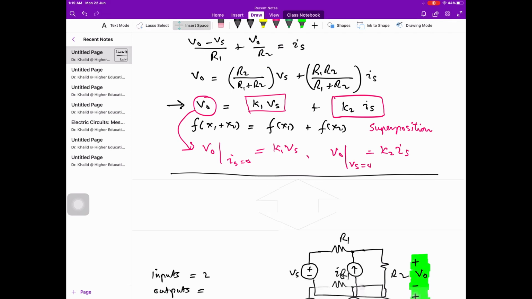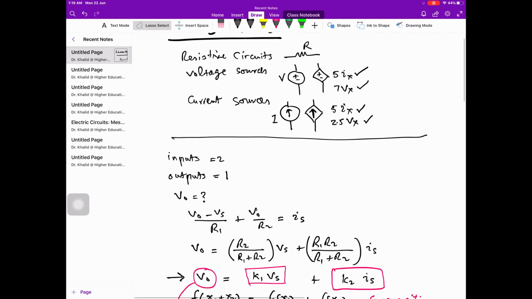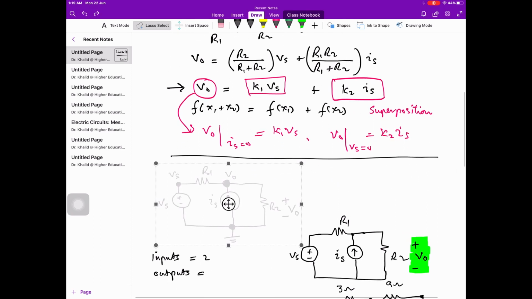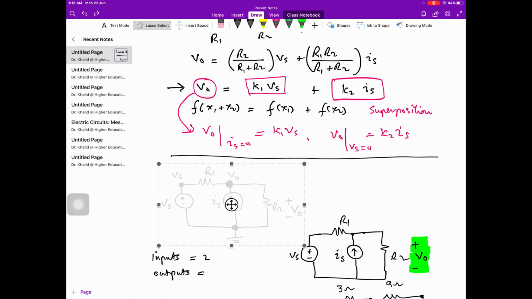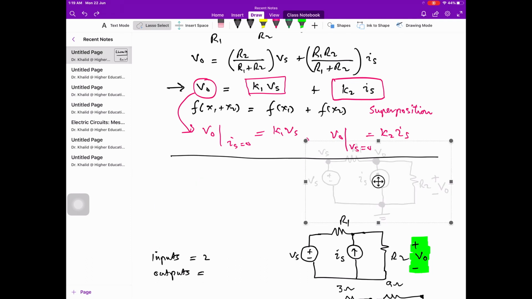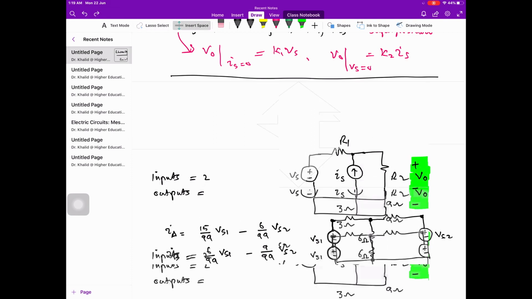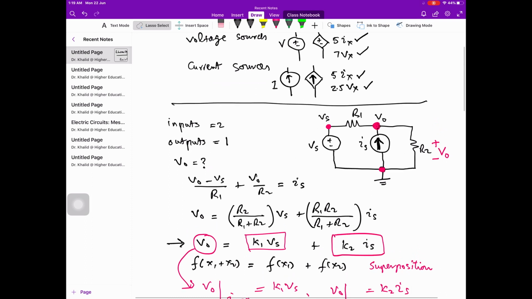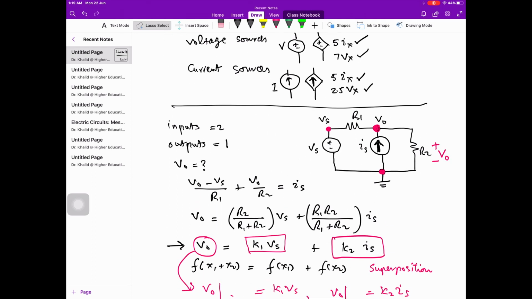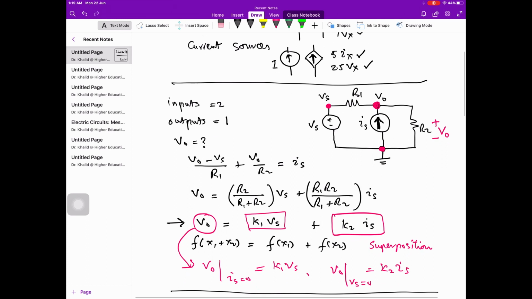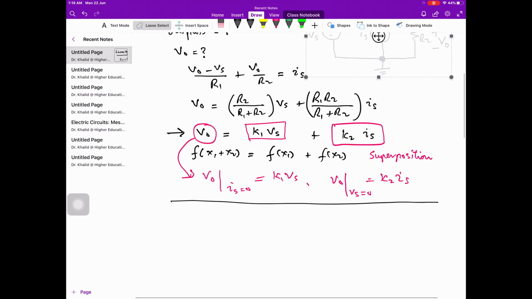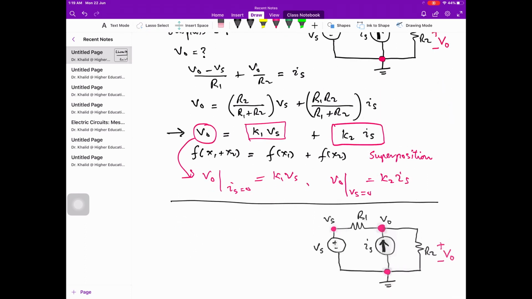I need to insert a space over here, sorry for this. First I need to insert a space, and now I will take this circuit to this place over here.